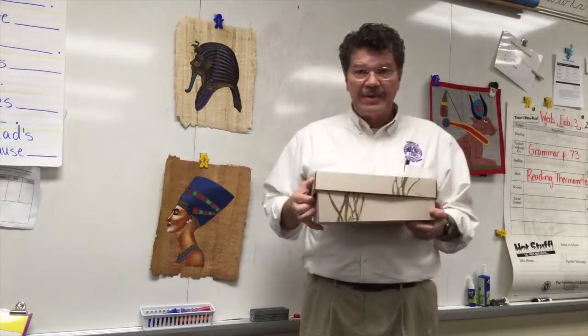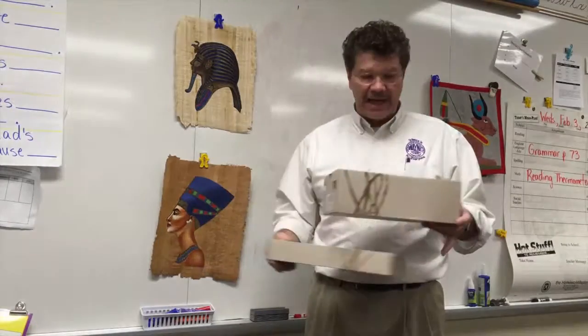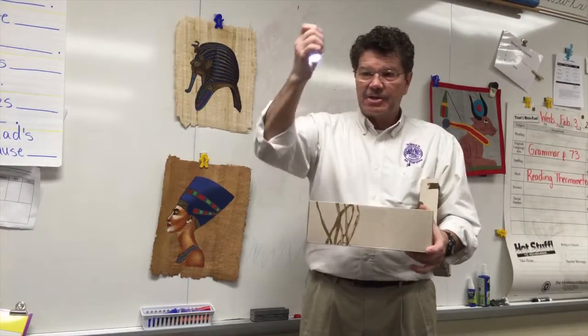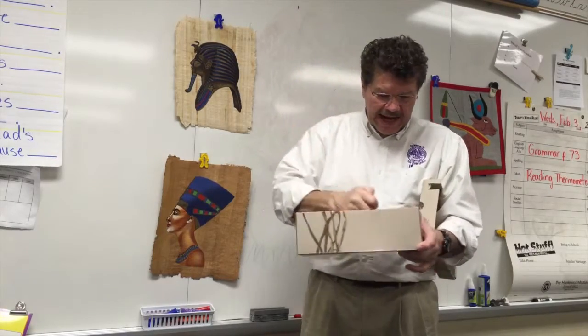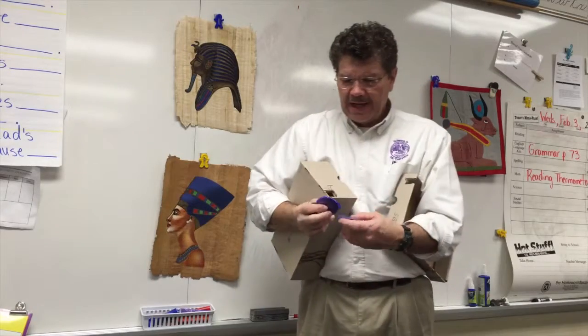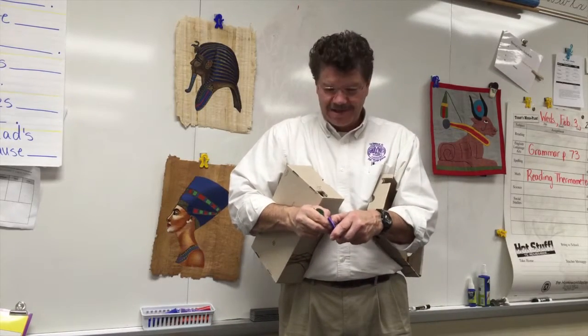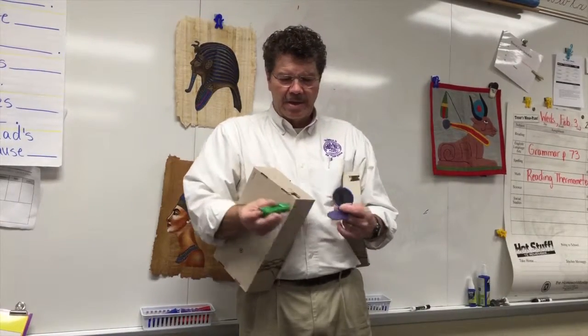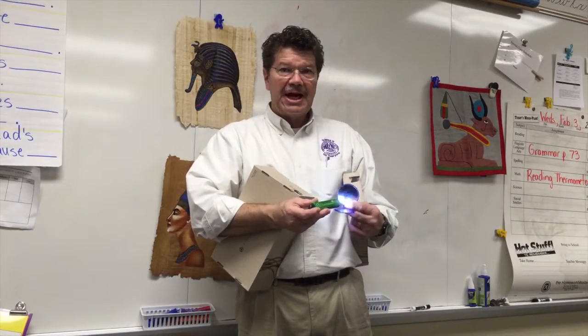Your job is to try to reflect the light. You're going to get a flashlight, a source of light, and 2 mirrors. You're going to use these mirrors to reflect the light. If I shine the light in this mirror, just like the ancient Egyptians, I can bounce it back.